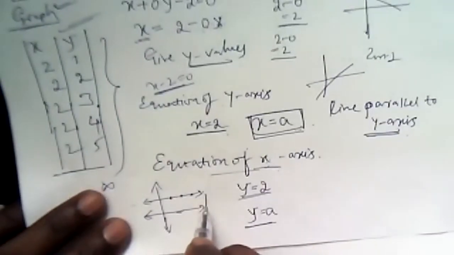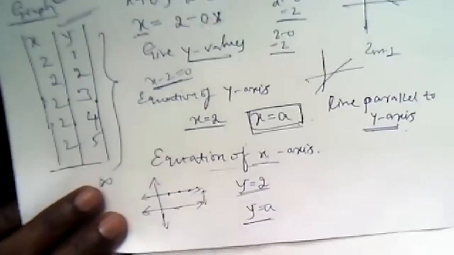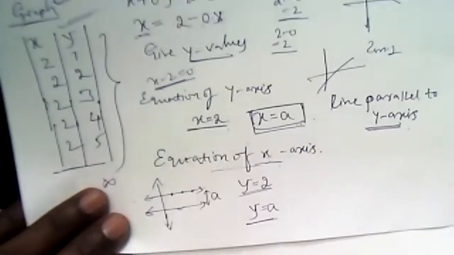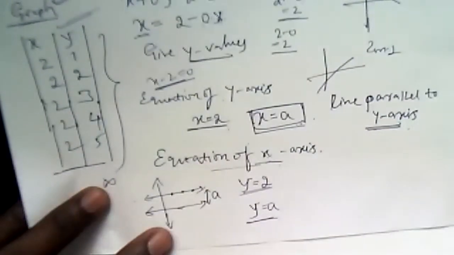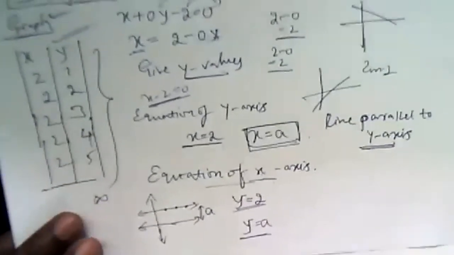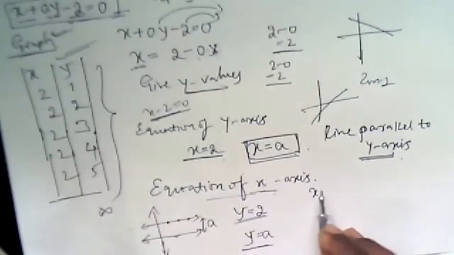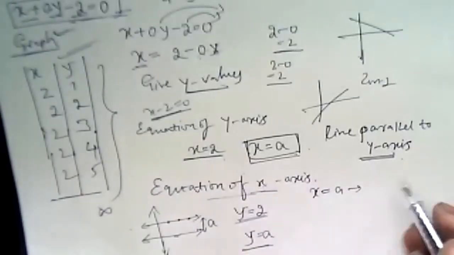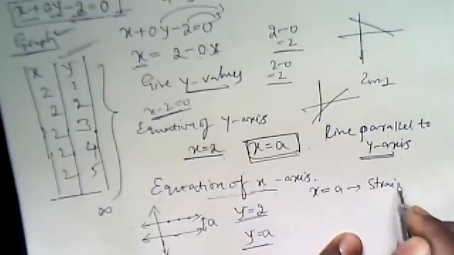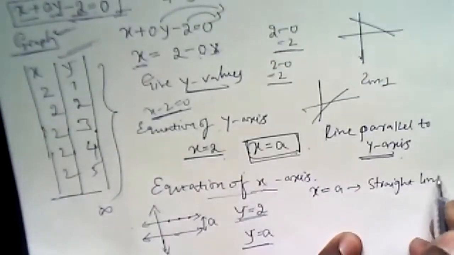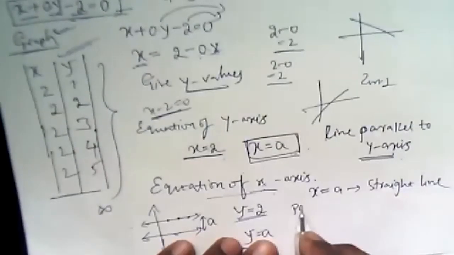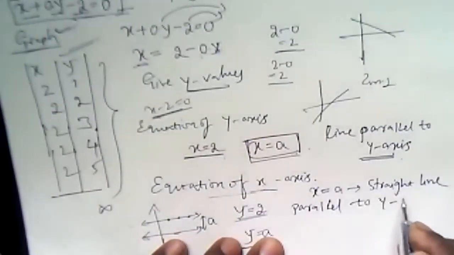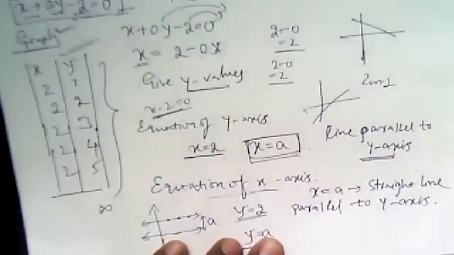And this distance is there, no? This distance is a. Therefore, if x is equal to a, it represents a straight line parallel to the y-axis.